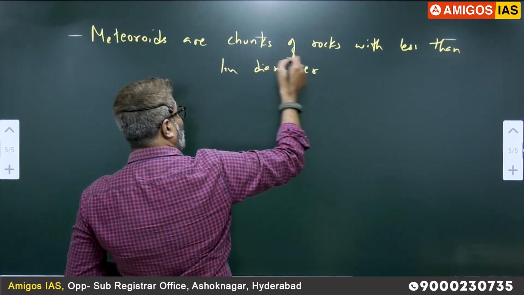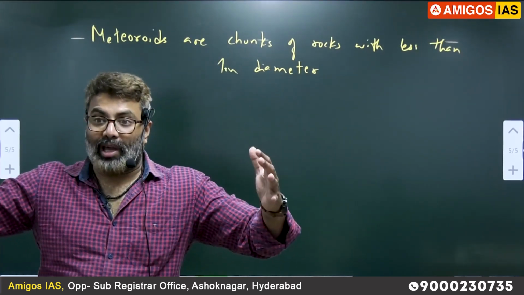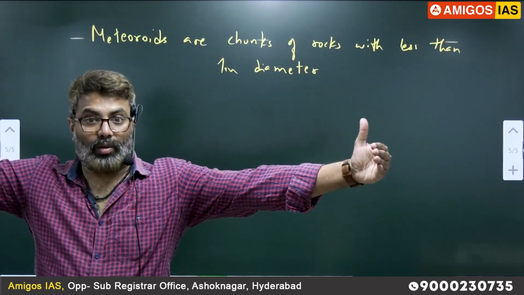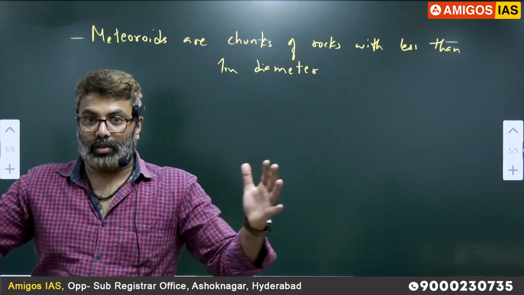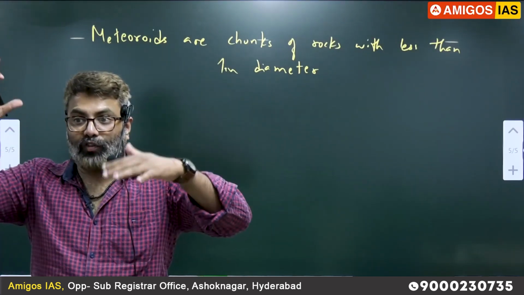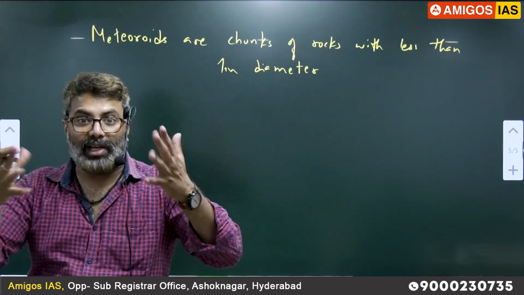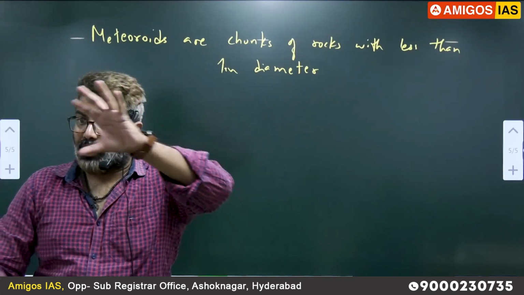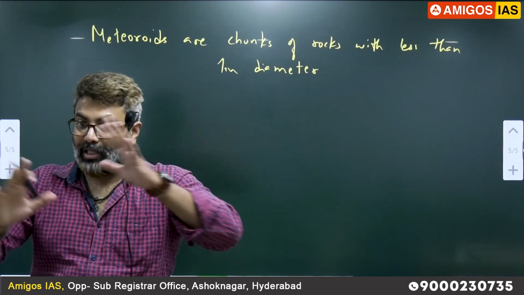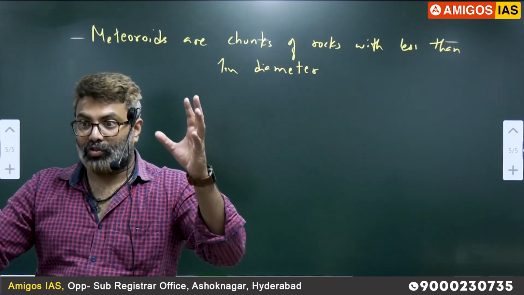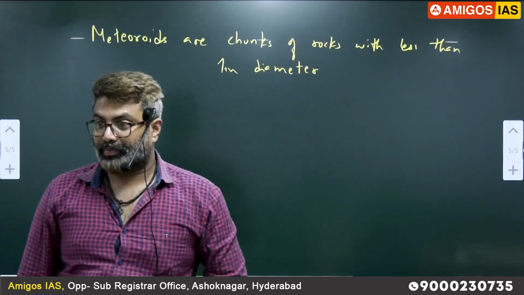Now you are able to understand the difference between a meteoroid and an asteroid. An asteroid is a rock bigger than 1 meter, and meteoroids are this big. Any piece of rock which is freely floating in space does not have a definite place. They keep roaming around, so they will be everywhere in the solar system.